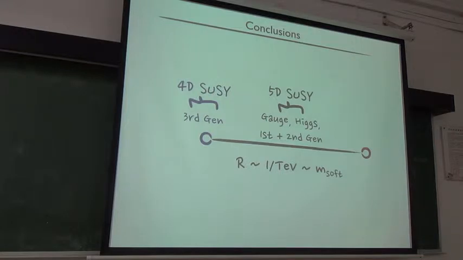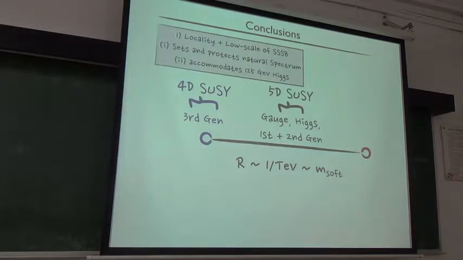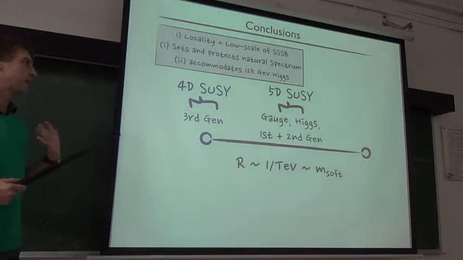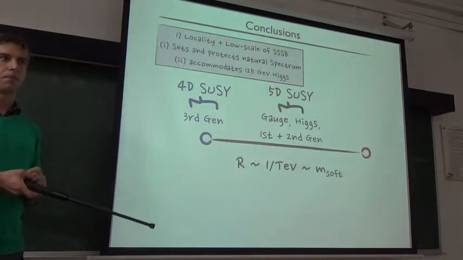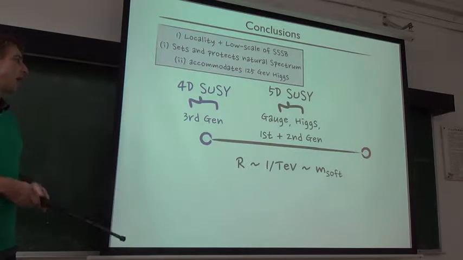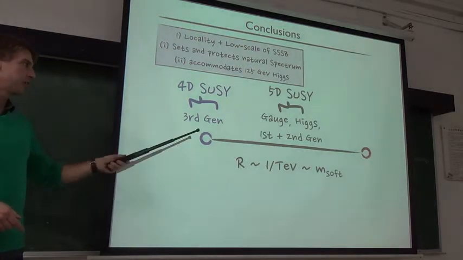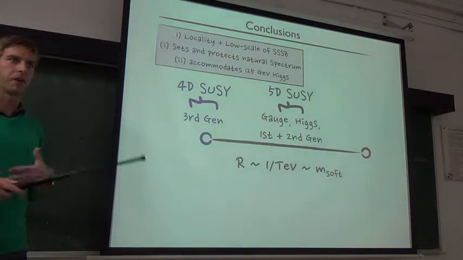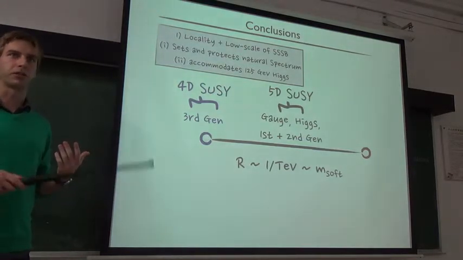Okay. All right, so let me conclude then. So kind of the fundamental picture is that the reason to look at this five-dimensional Susy breaking is that by associating Susy breaking with this extra dimension, I all at once have this idea of locality being able to set up this natural spectrum at tree level, and then protect it from loop corrections.